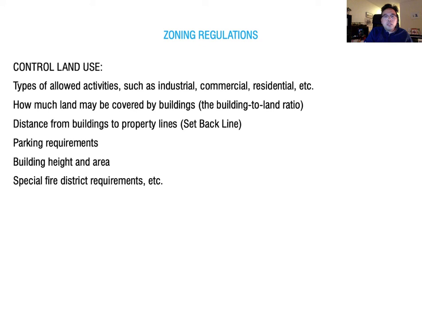Zoning regulation may regulate lot size, placement, bulk size, and height of the structure. What about the setback? It is basically the distance from the front property line, side property line, or backyard property line.